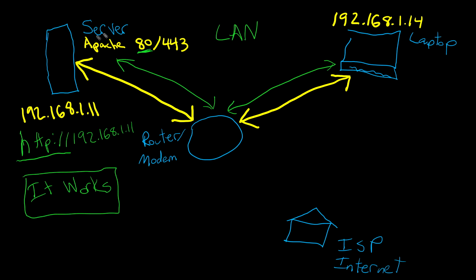Now if Apache isn't running, there's a whole lot of other issues that could possibly cause that. Usually it means something else is using one of these ports, and so Apache will fail to actually launch if these two ports are being used by another program. So you want to make sure that that's not the case.